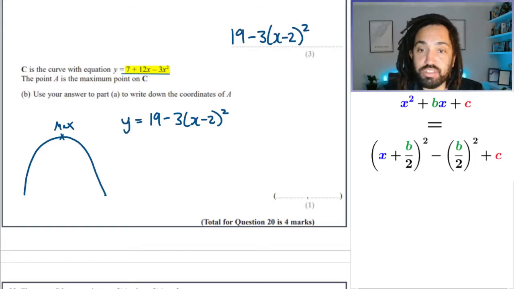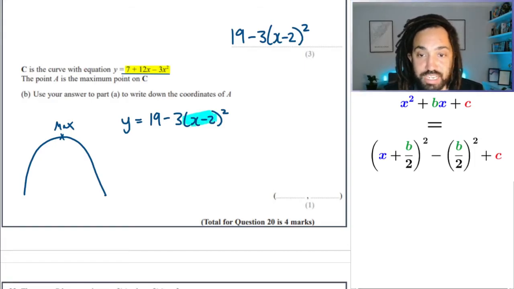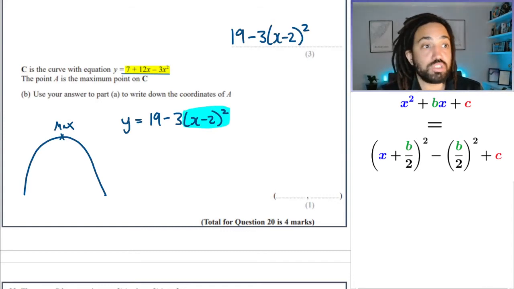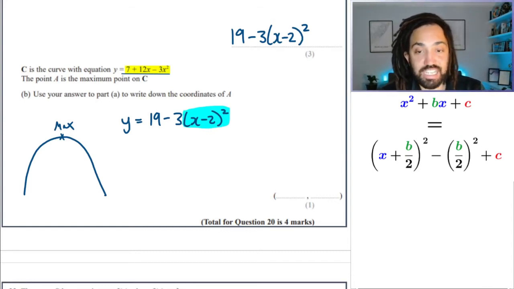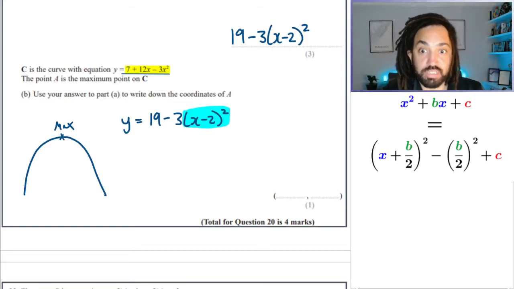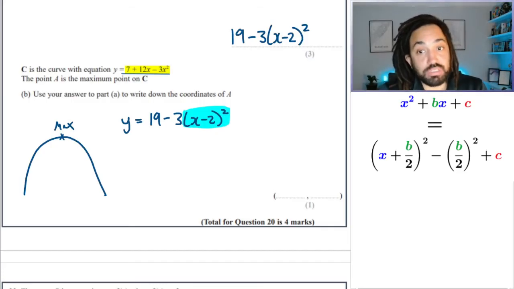So if I look at this part, this square bracket here, because it's a square, the smallest possible value it could take after it's been squared is 0, because if you square any number it will always be positive or 0, because if you've got a negative you square it, you're going to get a positive, and if you've got a positive you square it, you're going to get a positive.